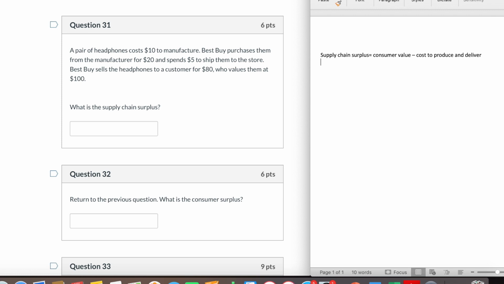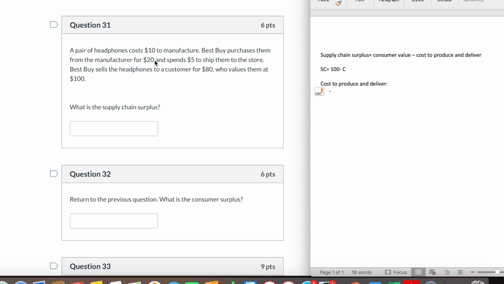So what do we already know? The customer values them at $100. Now we need to know the cost to produce and deliver. The trick here is that it does not include this $20 that Best Buy pays the manufacturer.